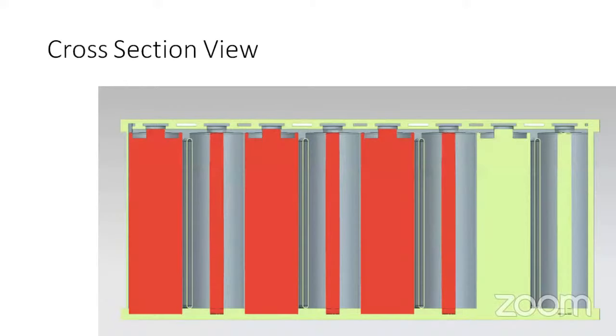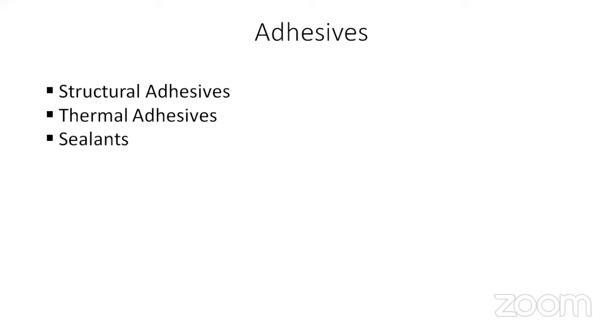So in the battery pack design, apart from your mechanical structure, some chemicals play a major role in designing a battery pack, and those chemicals are structural adhesive, thermal adhesives, and sealants. So first, the structural adhesive.